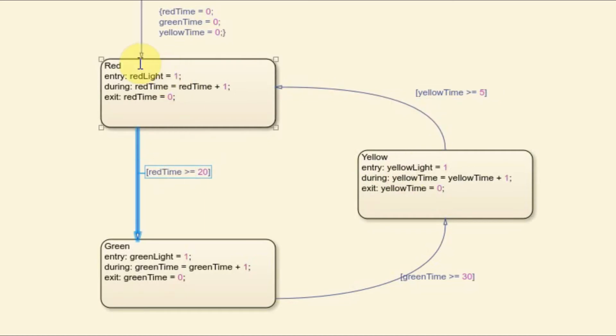Again, when we transit from red light to green light, we need to turn off the red light and turn on the green light. To turn off the red light, we can specify that particular action on the transition line itself.